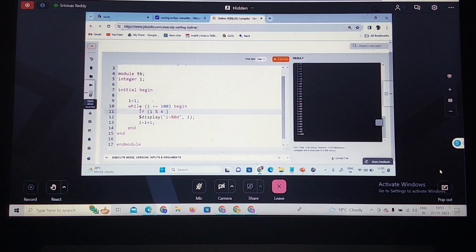Again, if my if statement has multiple statements, I should go with begin and end. So $display i is equal to what? %0d. The argument I'm passing is i. Then should I increment inside the if or outside the if?